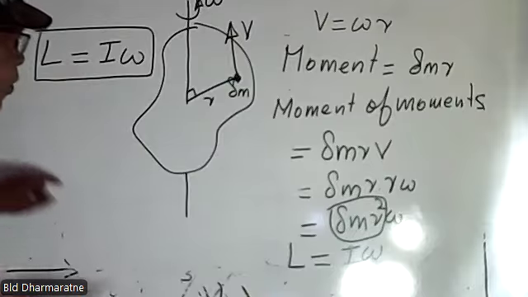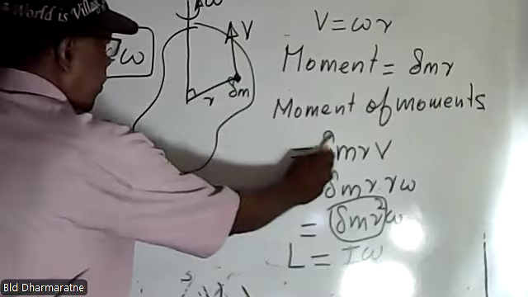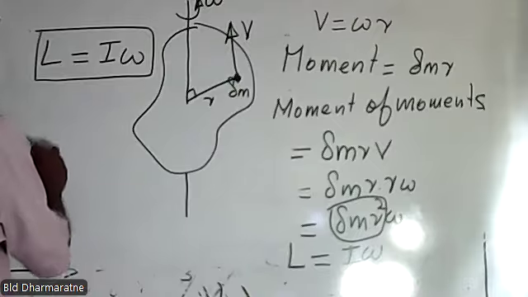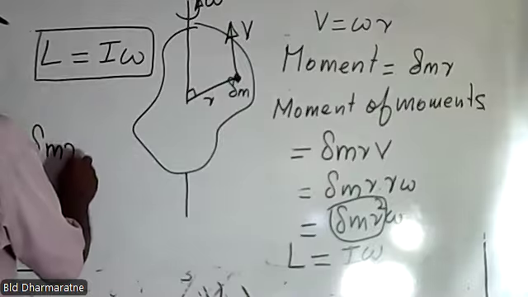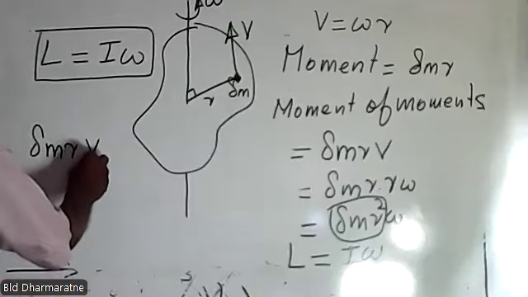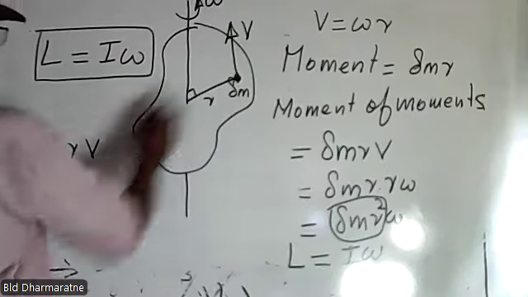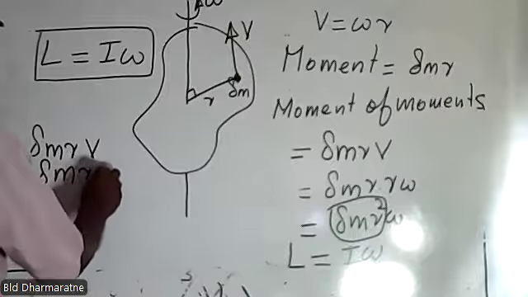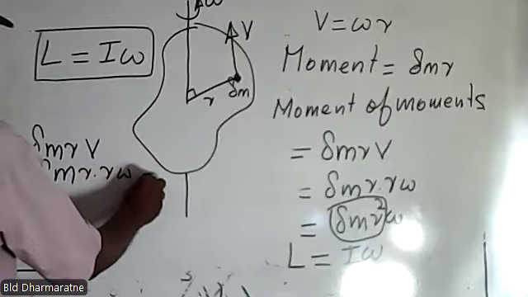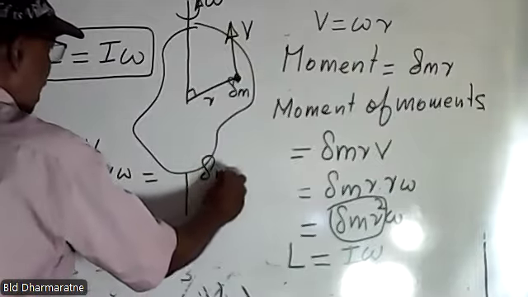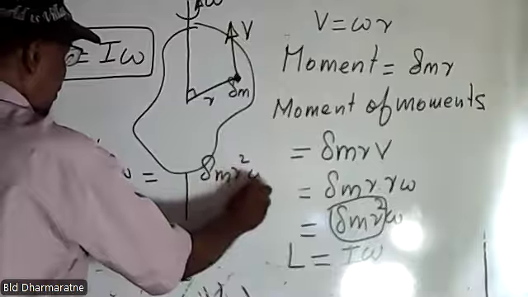Again, I write the moment of momentum: delta m r v. But v equals r omega, so delta m r into r omega, which equals delta m r squared omega.